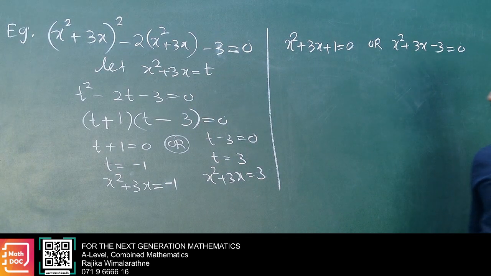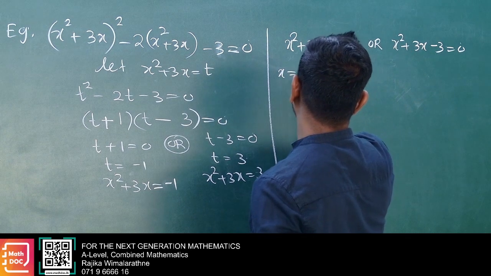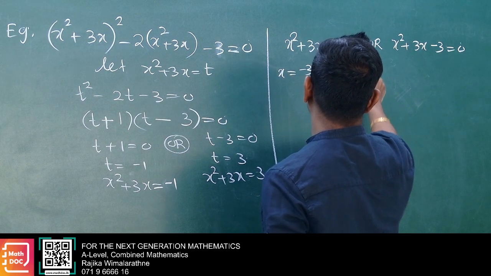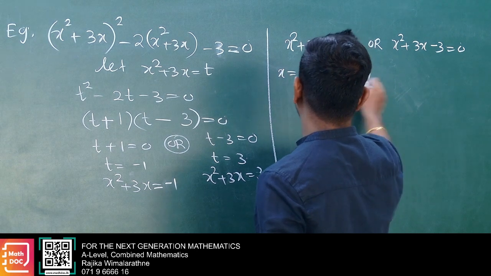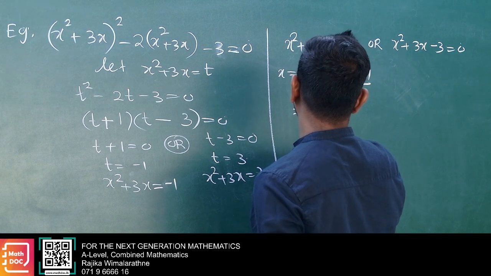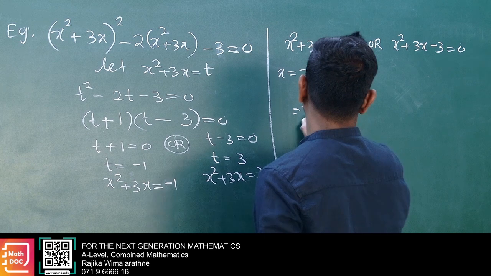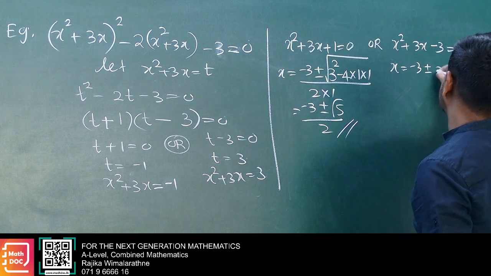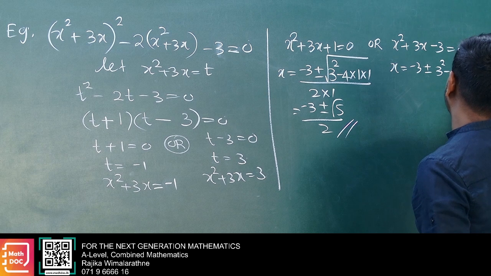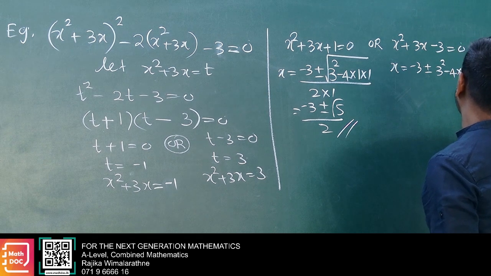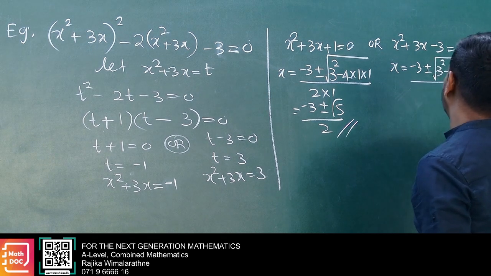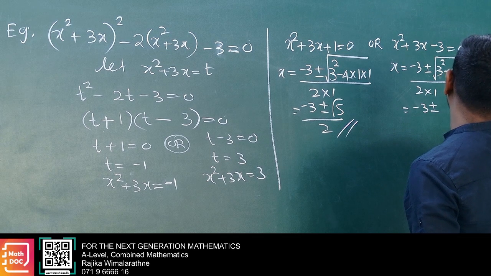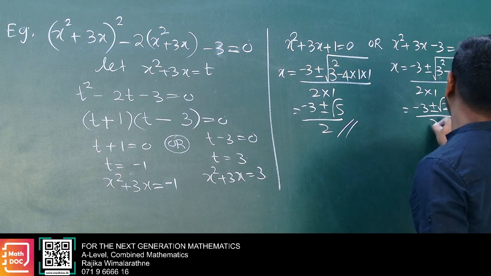Then the final answer: x equals minus b plus or minus root of b squared minus 4ac, divided by 2a. Then minus 3 plus or minus root 5 over 2. Then here x equals minus b plus or minus root of b squared minus 4ac, divided by 2a: minus 3 plus or minus root of 9 plus 12, that is root 21, over 2.